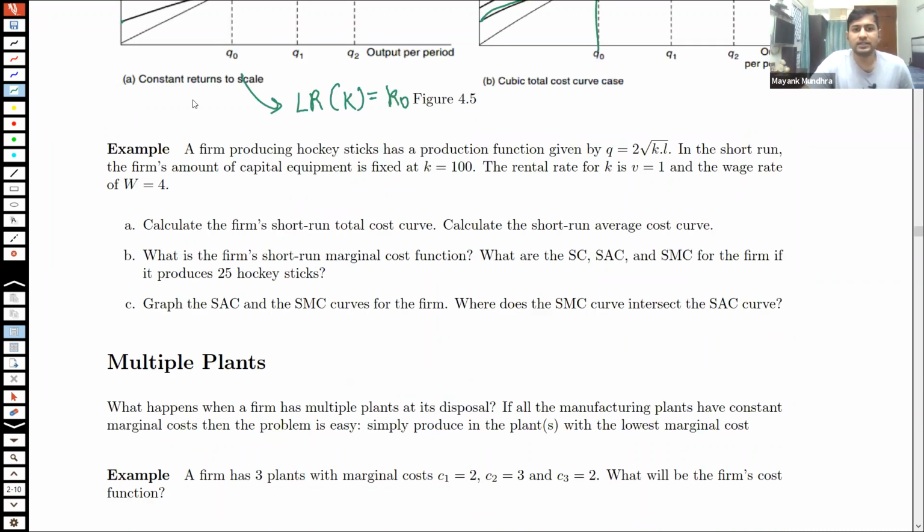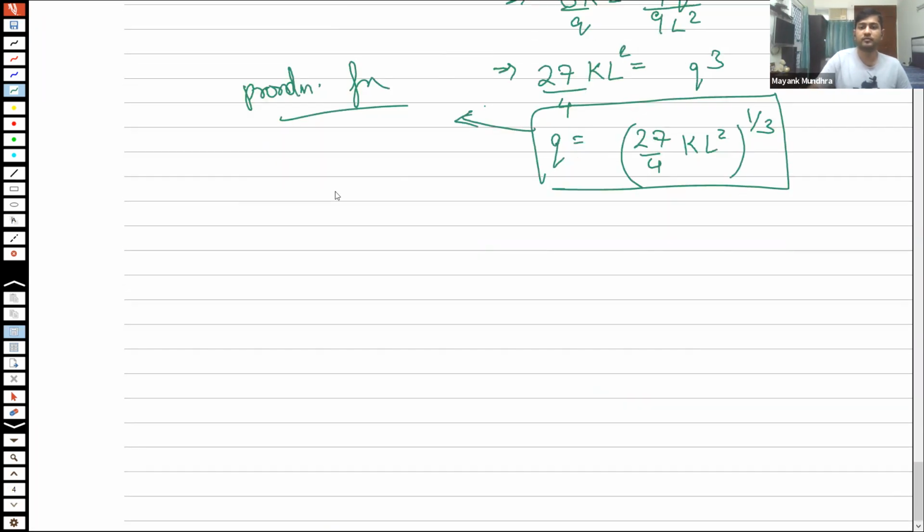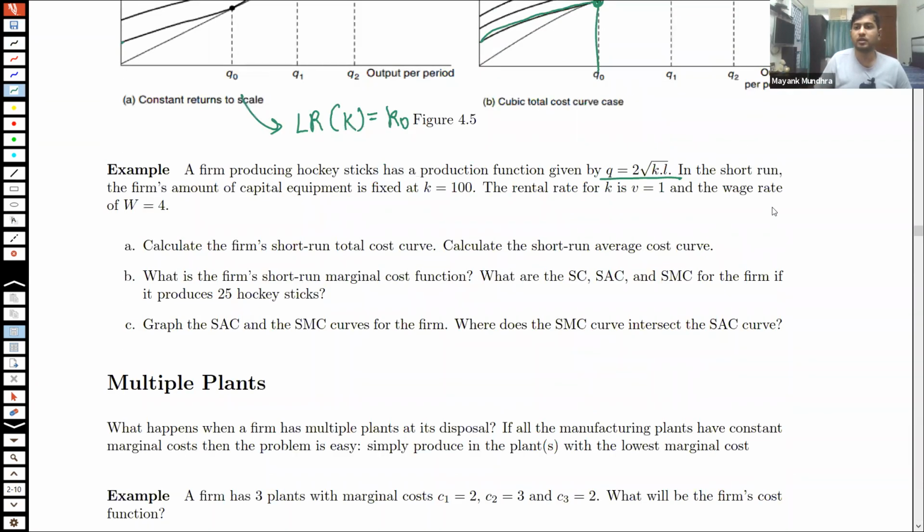So let's look at this problem and try to find how to find your short run and long run cost functions. A firm is producing hockey sticks with the production function Q equals 2 root KL.